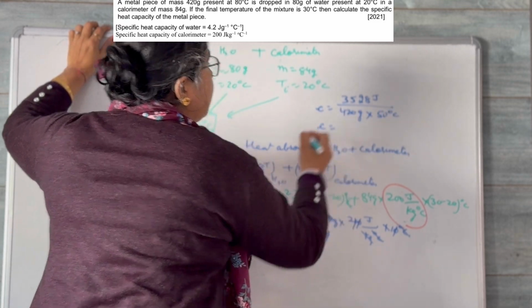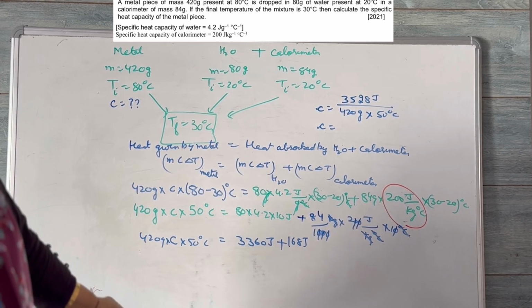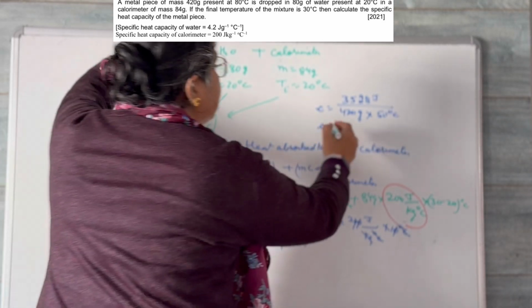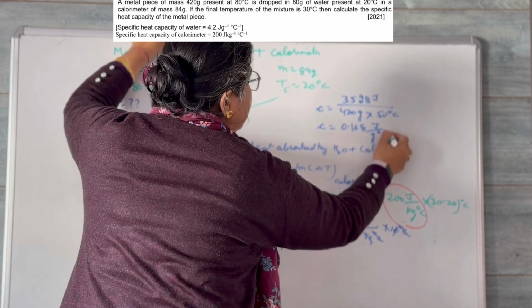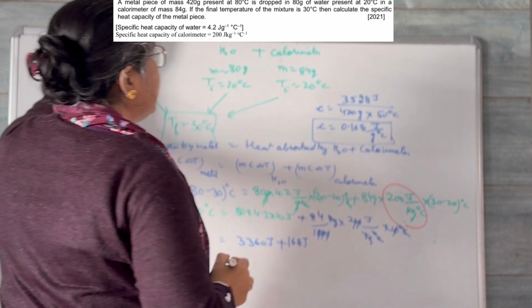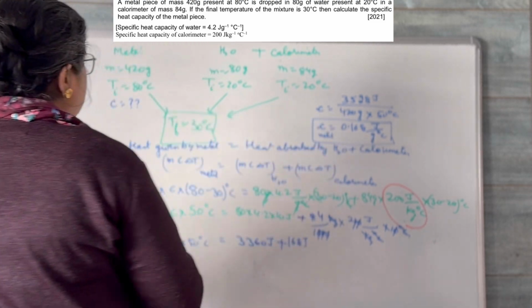When you cut all this, your answer is 0.168. The cutting was a little tricky, but you get this as the answer. This is C of the metal.